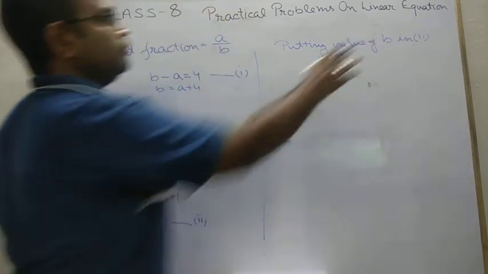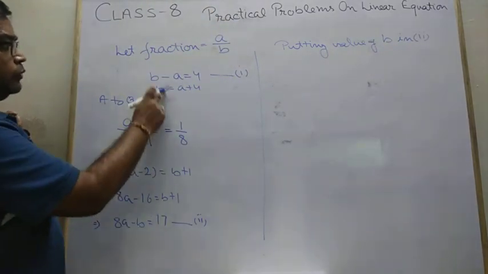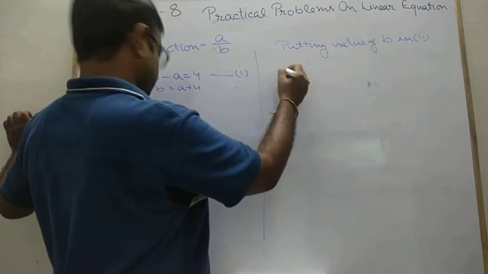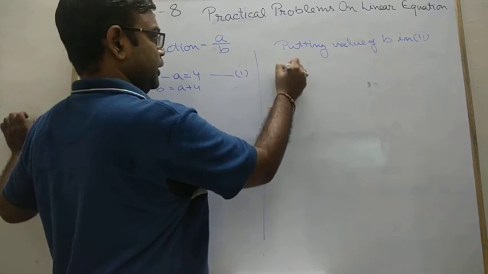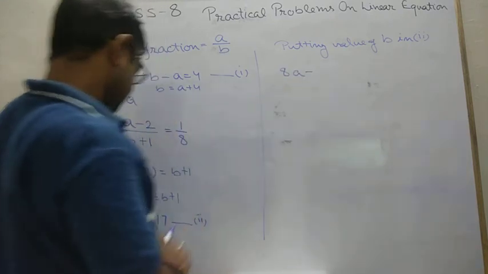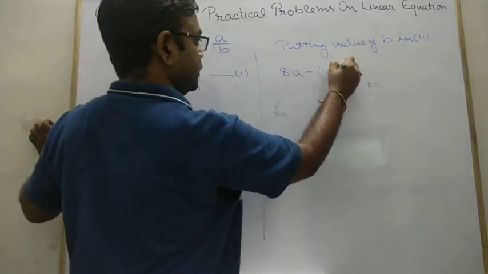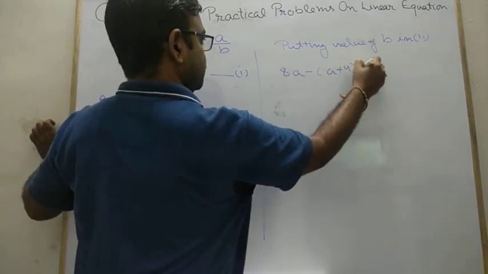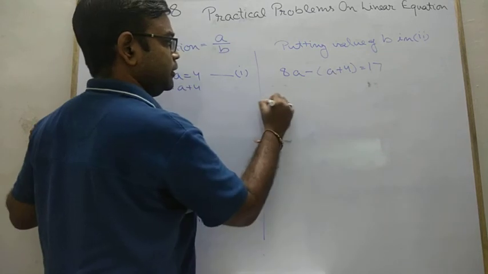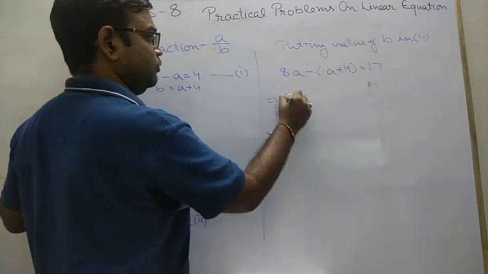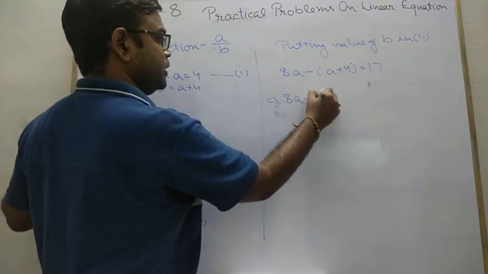Now we can place the value of b in this place. Putting the value of b from here, it's 8a minus, value of b is a plus 4, use bracket, a plus 4 equals 17. Then try to solve, remove bracket, change the sign.